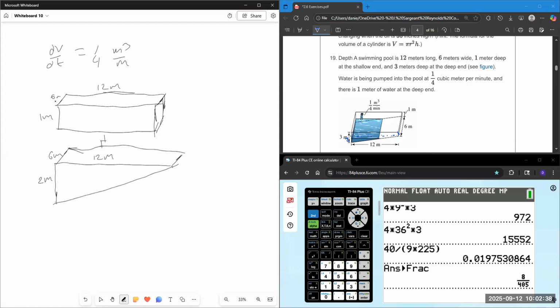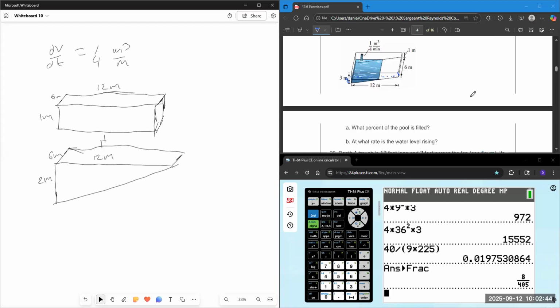For the box here, we're going to be asked a question about what percent of the pool is filled when I have this little wedge down here that is 1 meter high.